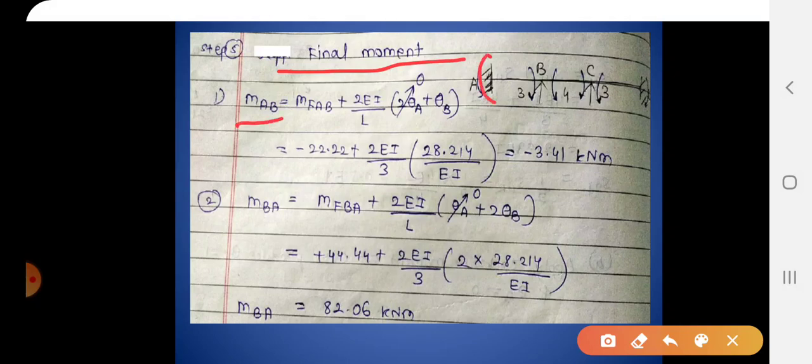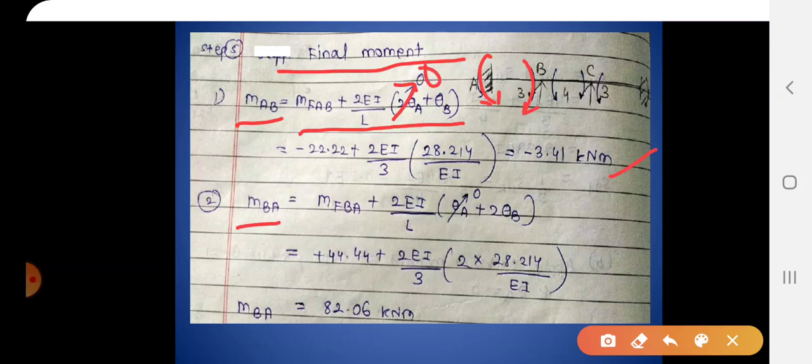MAB, A is fixed support and B another support, and it is intermediate support, continuous support. Therefore normal slope deflection equation, MFAB plus 2EI by L into 2 theta A plus theta B. A is fixed support, therefore theta A is 0, and putting all values you will get MAB. Then for MBA, B is near support, A is another support, and it is fixed support.